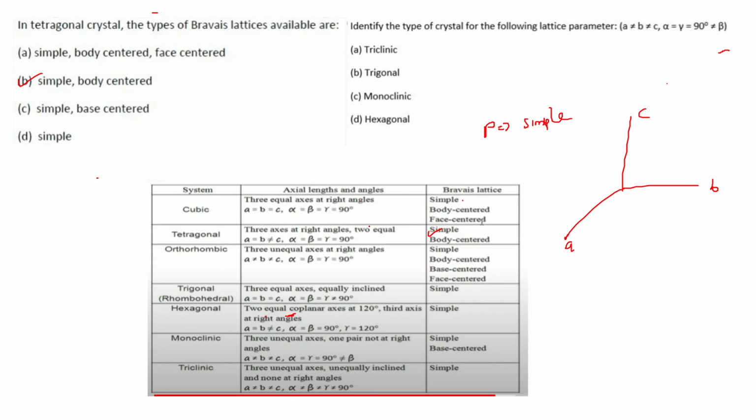This is like orthorhombic, a not equal to b not equal to c, but here alpha and gamma are 90 degrees and beta is not equal, so the answer will be monoclinic. So monoclinic it is. In orthorhombic, monoclinic and triclinic, a not equal to b not equal to c, so we have to only consider the angles to check the difference between the crystal systems.